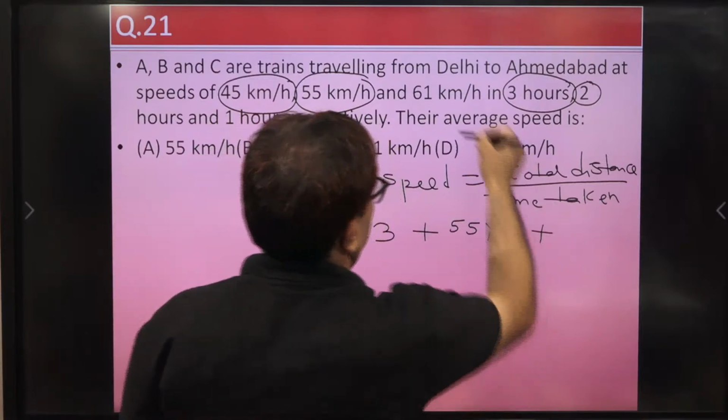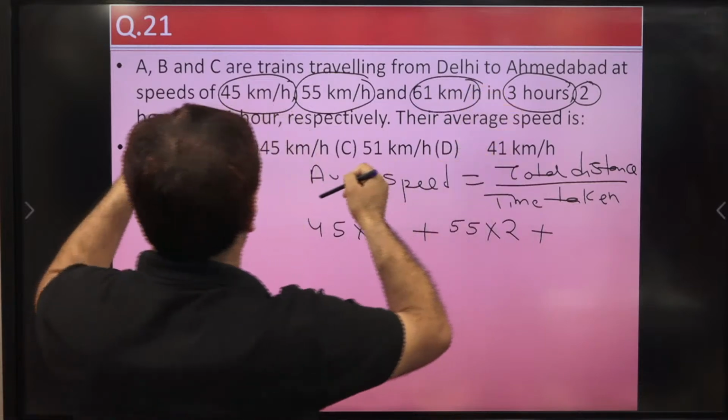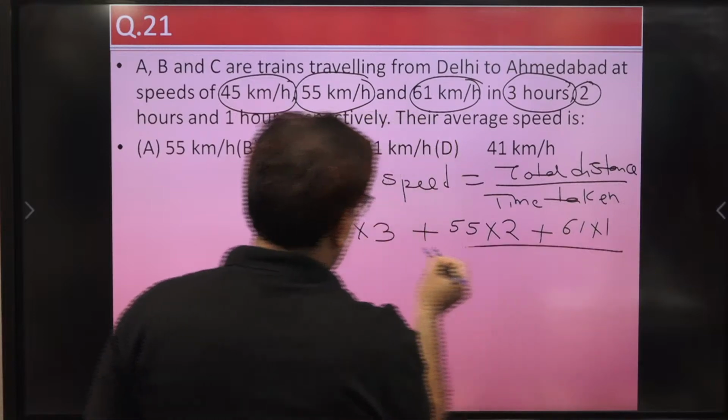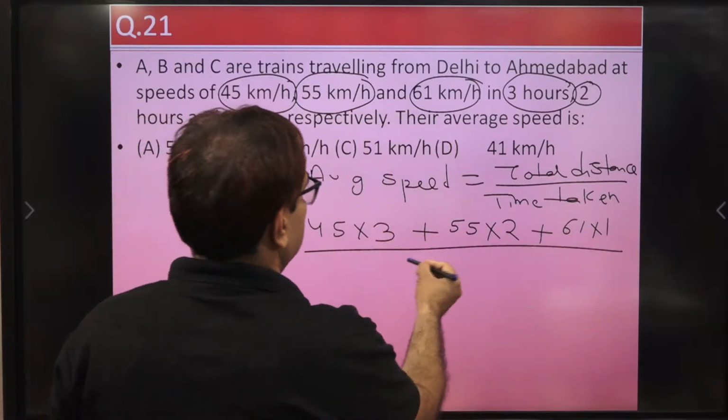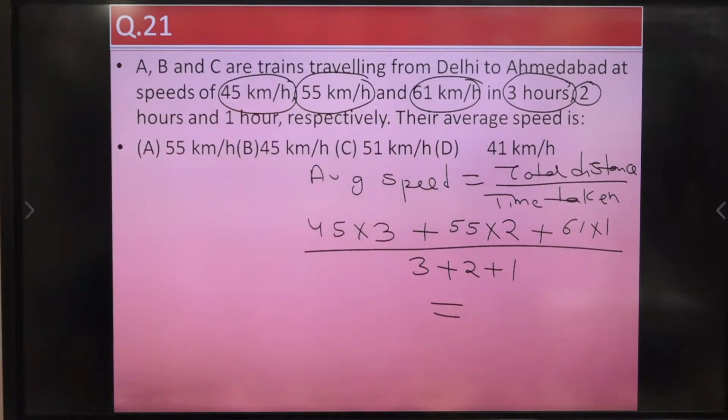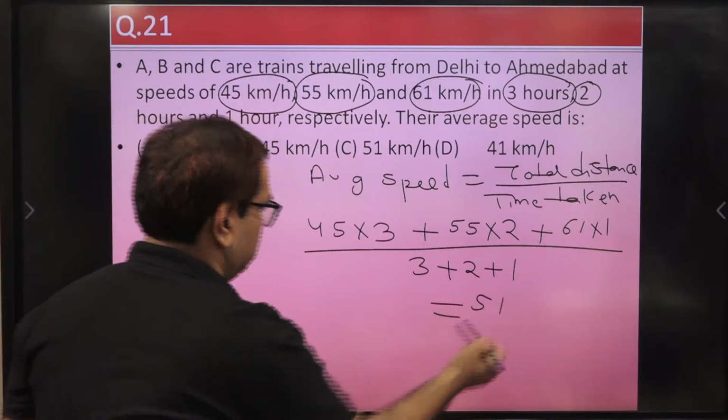Plus 61 kilometer per hour for 1 hour, so 61 into 1, divided by total time taken by them, which is 3 plus 2 plus 1. So what are you getting? Calculate that. So 51, everyone getting? Okay. Come to the next question. C is the right answer. 51.